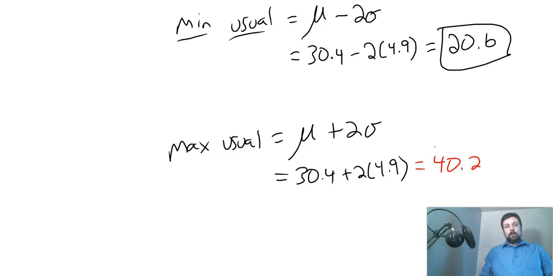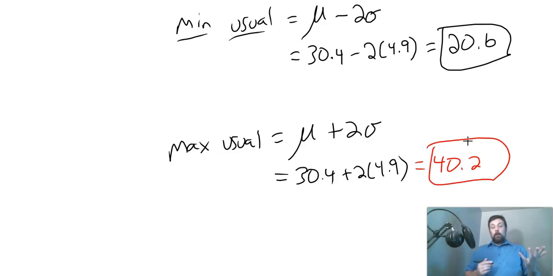I'm just going to switch to a different color. 40.2. That is the highest number that I would consider to be normal or usual or typical. Anything higher than that would be abnormal, abnormally high, unexpected, atypical, unusual.